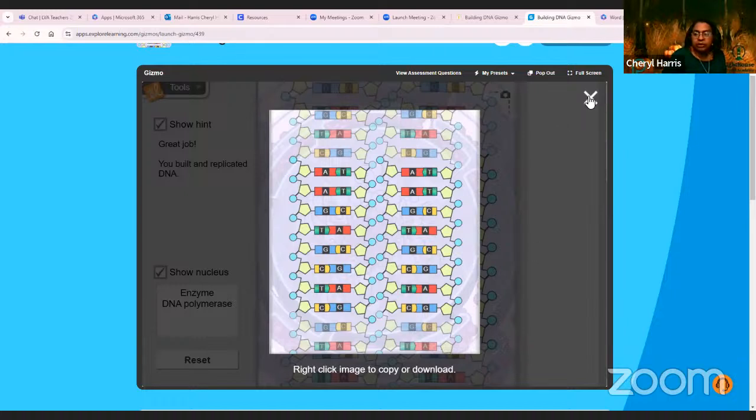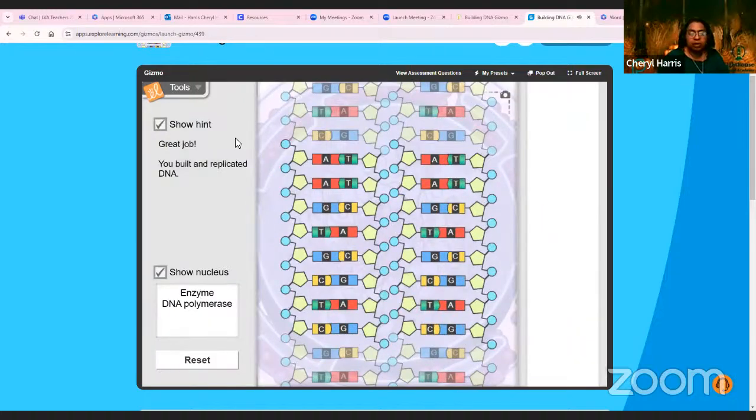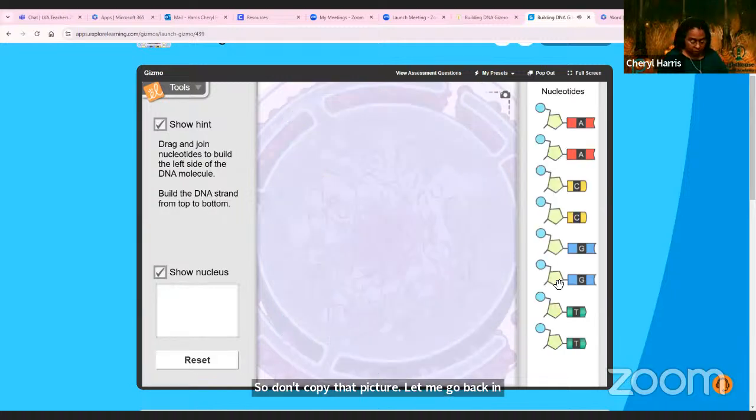And actually, let's do that. Let me go back, and so don't copy that picture. Let me go back and create a picture that's going to be accurate.